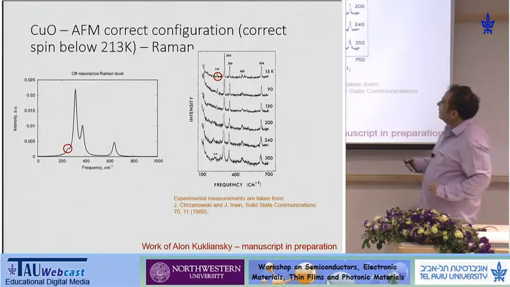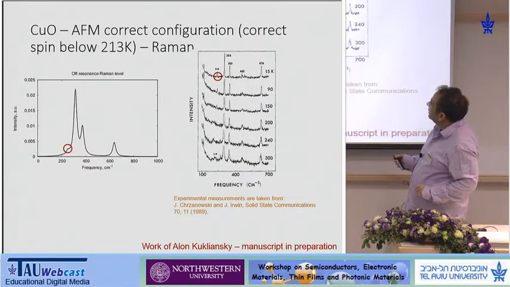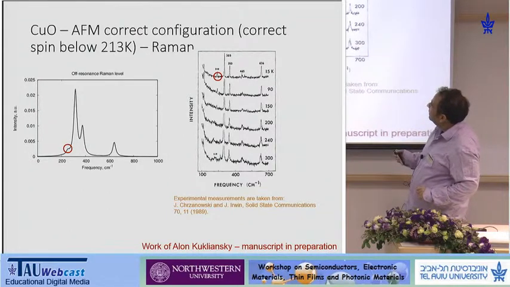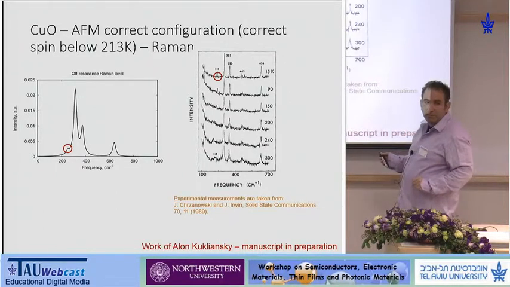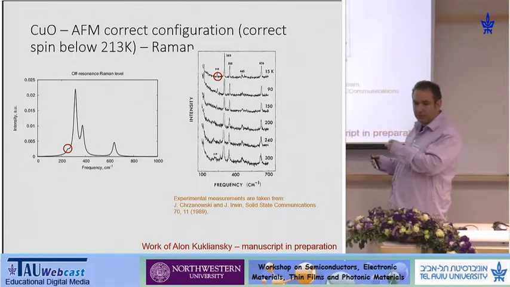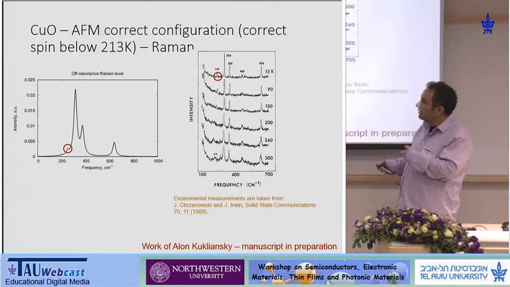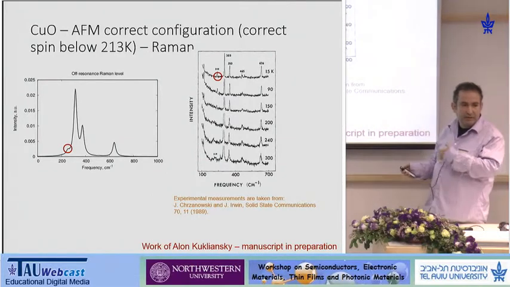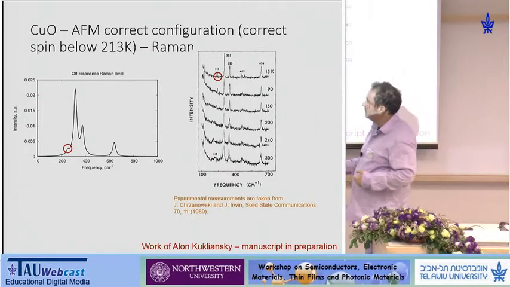So I will not get into many details, but the thing we found is that when we take the correct spin configuration, we find this peak. And this peak is found below the Néel temperature. Now, if we take wrong spin configurations, we don't find this peak. So this peak disappears and is completely spin dependent.